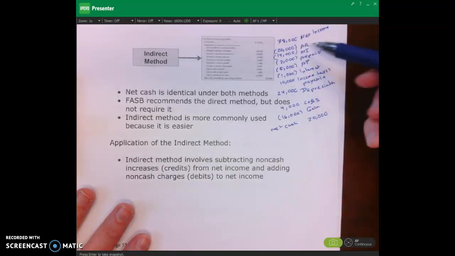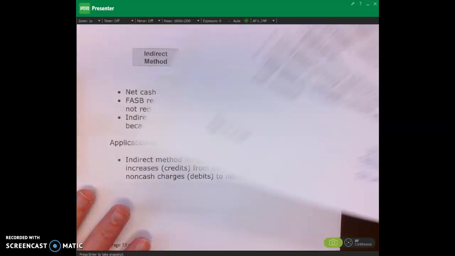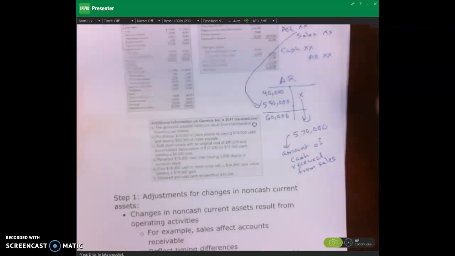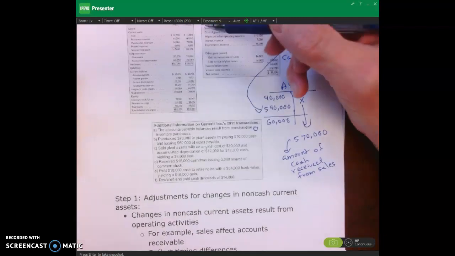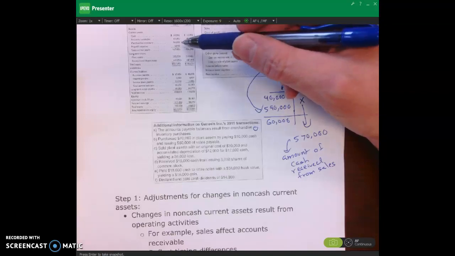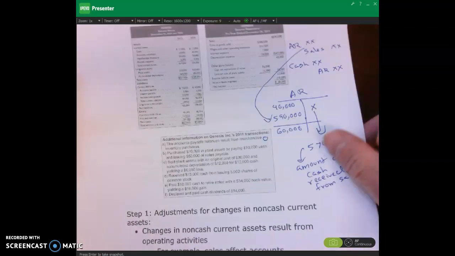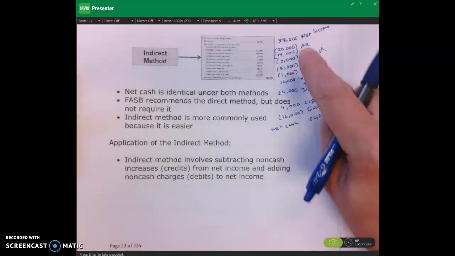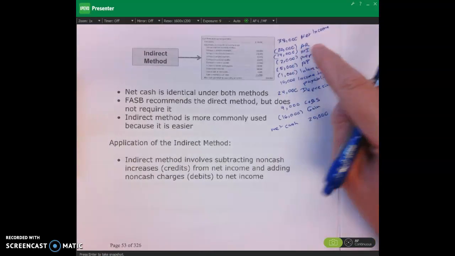The difference of that $20,000 accounts receivable is subtracted. Again, that's step one of the indirect method, looking at the changes to our non-cash current assets. Remember, accounts receivable was $40,000. Now it's $60,000, so it changed, right? That increase is subtracted from net income.